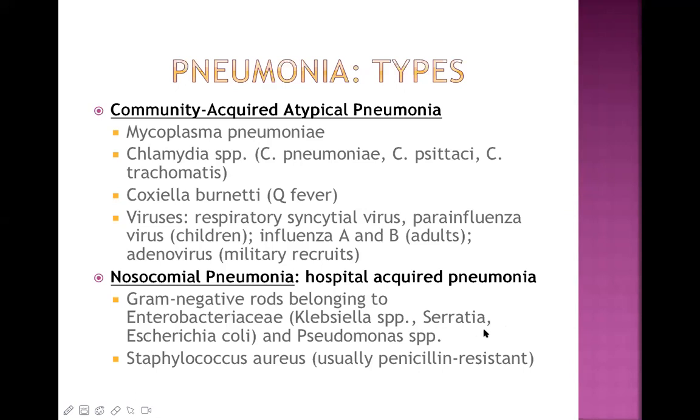Many different examples can be given here. And never forget about Staphylococcus aureus, which is MRSA positive. That means methicillin resistant Staphylococcus aureus. This is a highly dangerous type of organism which can cause hospital acquired pneumonia.